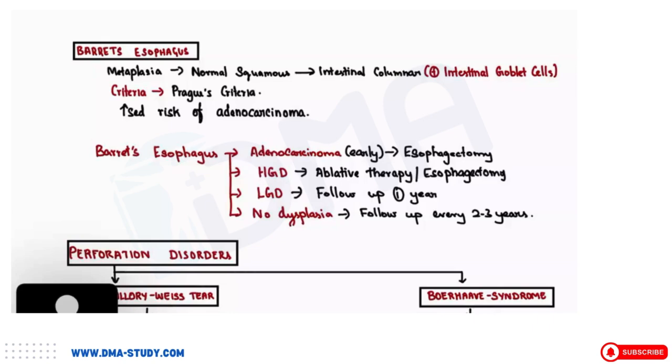So where is the metaplastic change happening? Picture yourself three-dimensionally: the lower part of the esophagus, which is connected with the stomach, is where the acid regurgitates back, and the lower esophagus is getting converted into metaplasia. Am I right or wrong?